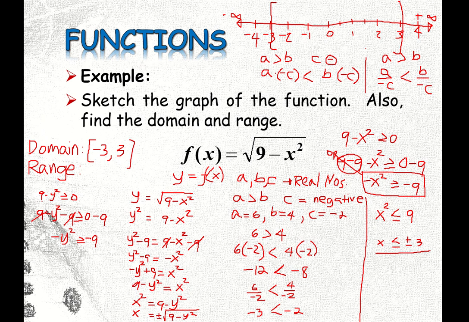Okay, so again we have here an inequality. So to solve for the positive of y squared, we have to divide or multiply by negative 1 both sides. So we will have y squared, it changes the direction, less than or equal to positive 9.